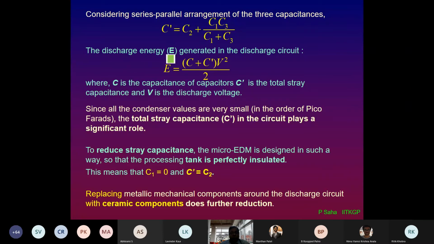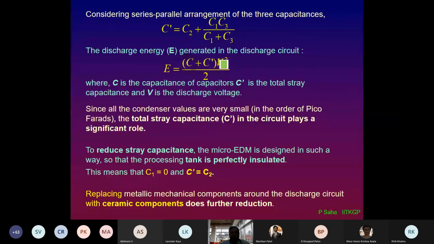So the total discharge energy generated by the discharge circuit will be how much? Already we have this C in the circuit, which is your condenser value. Additionally, the stray capacitance equivalent value is C dash.